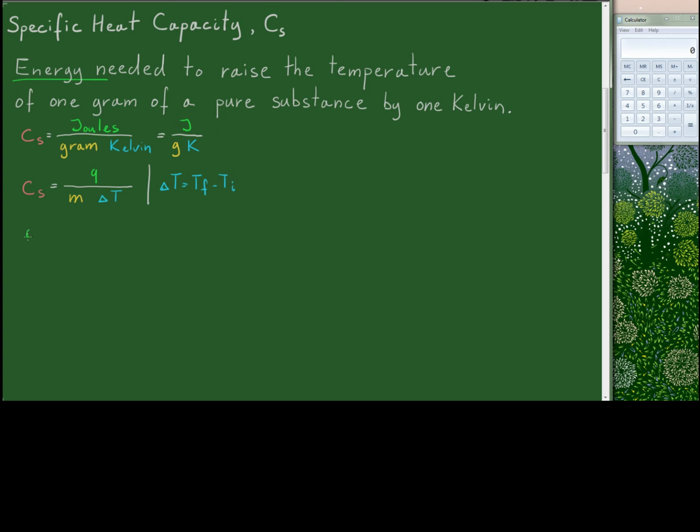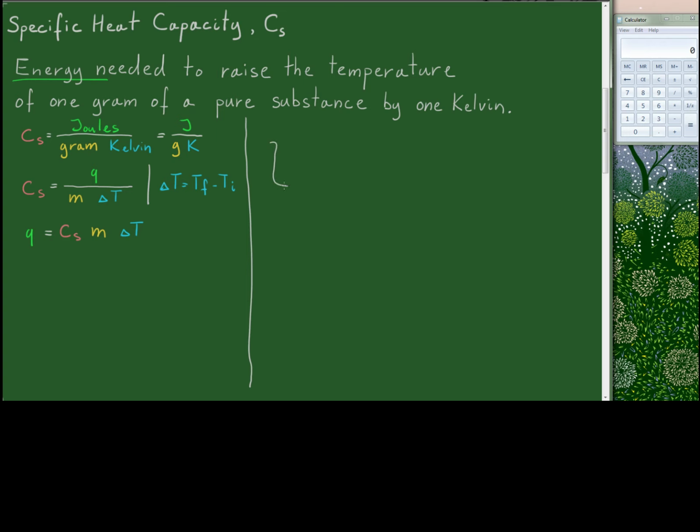We could also rearrange this equation to solve for Q. So in that case, Q would equal Cs, the specific heat capacity, times the mass in grams, times delta T, the temperature difference. And this may appear a little bit abstract, so let's do a quick example.